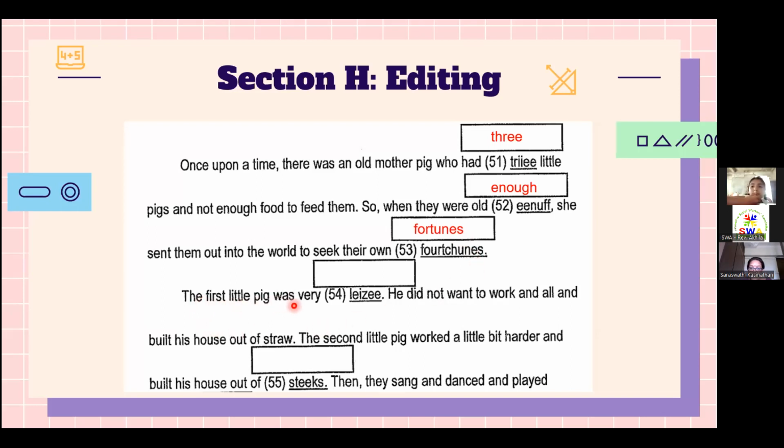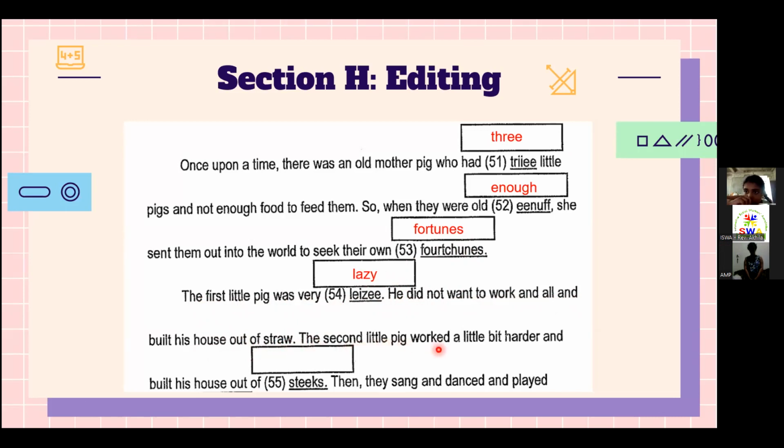The first little pig was very lazy. So the word lazy here is spelled wrongly. Anybody knows how to spell lazy? L-A-Z-Y. Very good. L-A. Well done. L-A-Z-Y. Good job. Okay, he did not want to work at all and built his house out of straw.